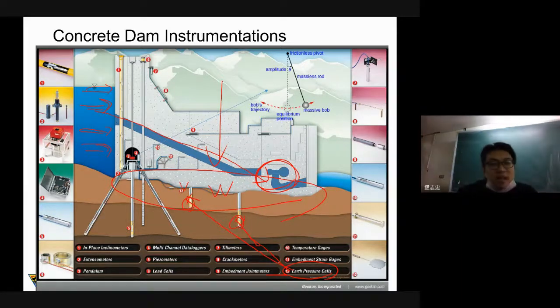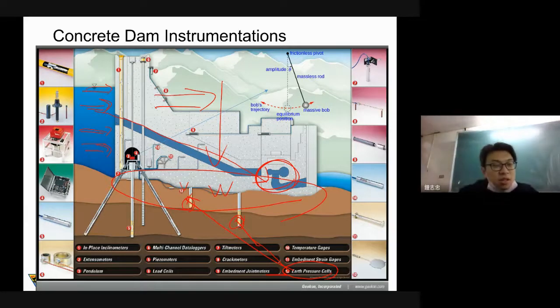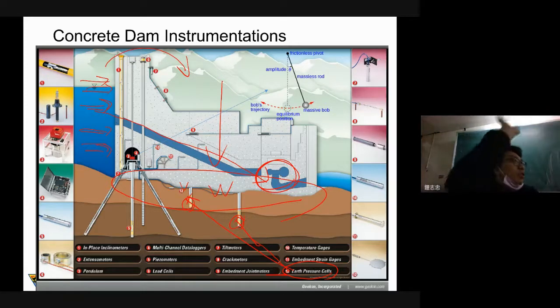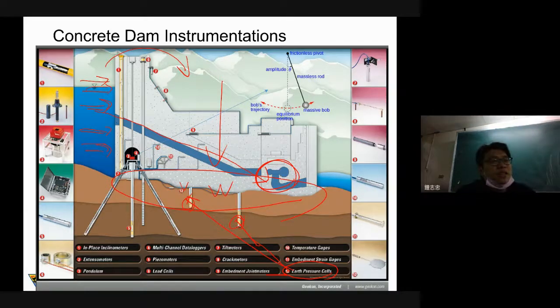So one thing is that we need to make sure that there's no more movement laterally. And the third one is because we have a moment, so we need to make sure that there is no more rotation of this concrete dam. Okay, so based on these three, the principle of this concrete dam.